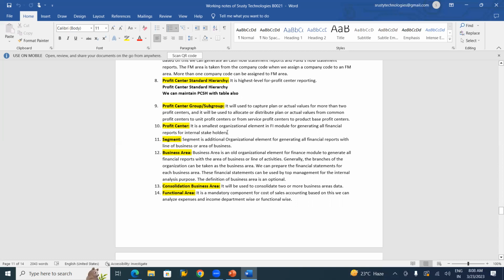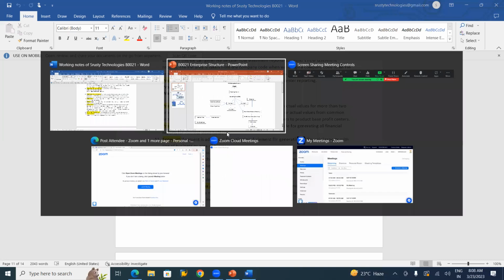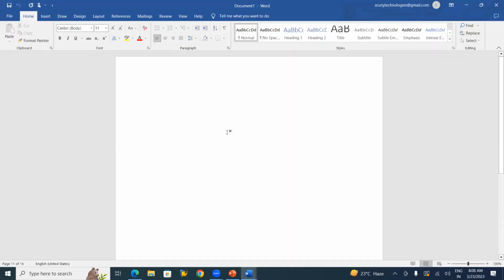For example, whenever we post an entry, say we purchased goods from XYZ on credit, rupees 1 lakh.